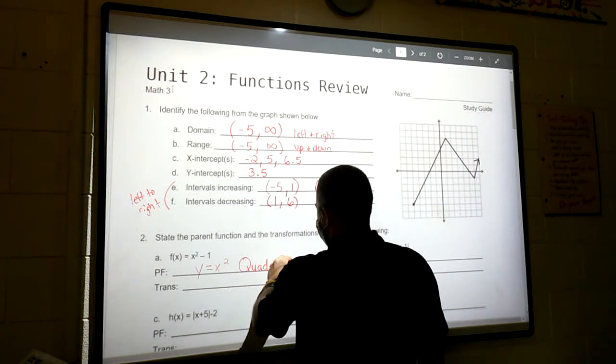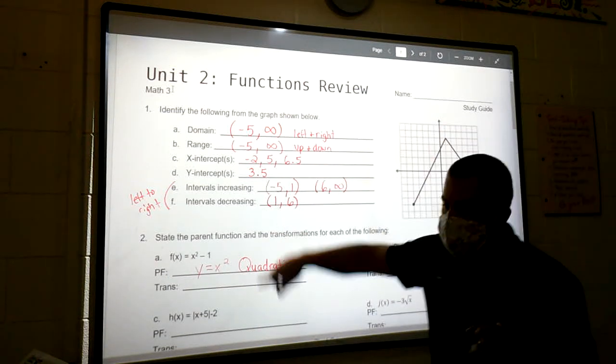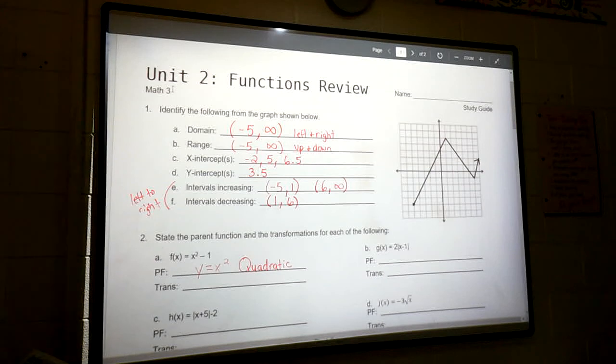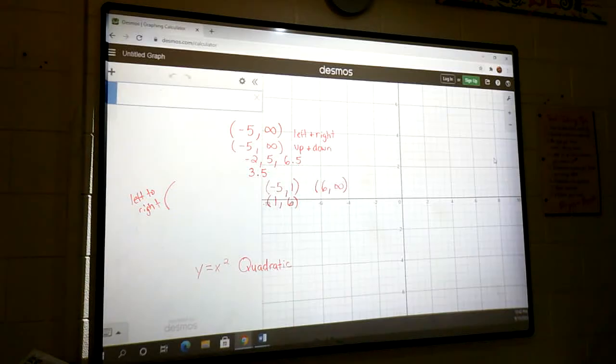Okay? So that's the parent function, x squared. If I look on a graph, I could use Desmos, I can use whatever I want. You can know it just by knowing it, but if you don't know it for sure, I'm going to give you another way to see it. If I look at y equals x squared, that's the parent function.